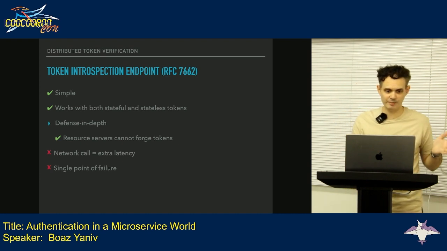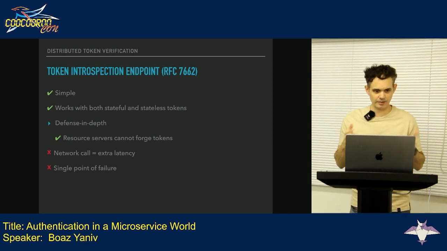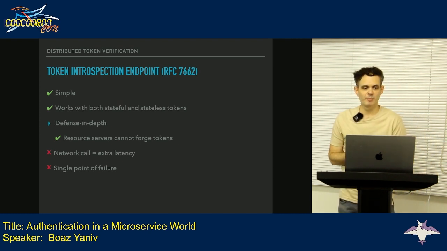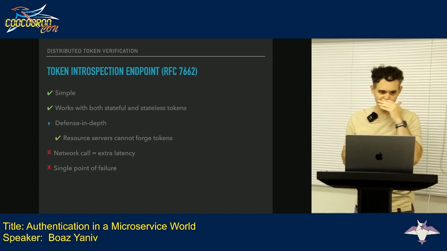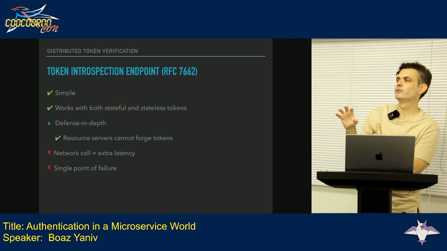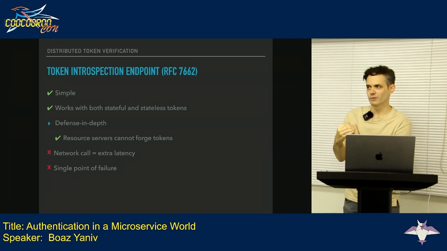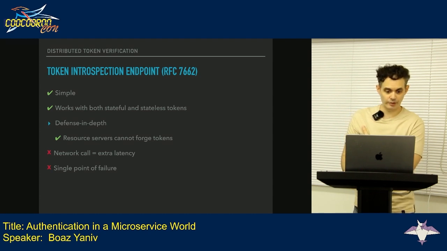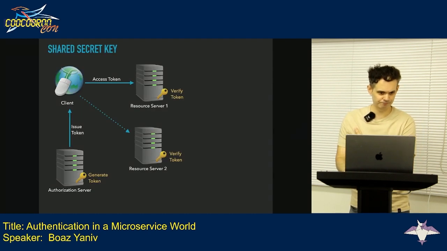So it's simple, standard. It's got good defense in depth because all the token validation is controlled by the authorization server, and nobody can forge tokens. But it's got a network call that adds extra latency, and it also has a single point of failure. In every call, we depend on the authorization server, which is pretty problematic.